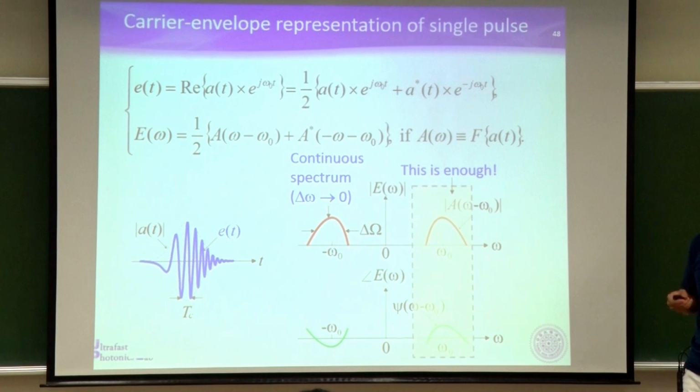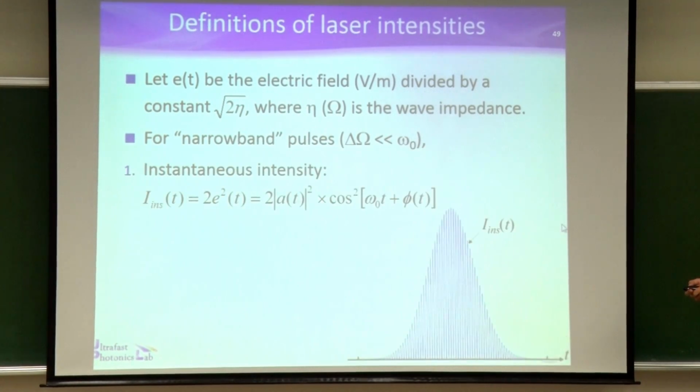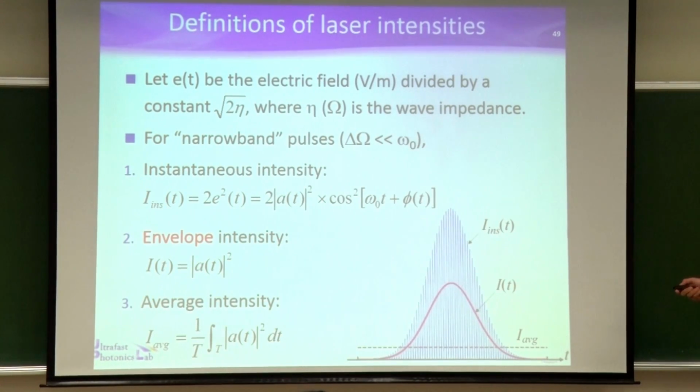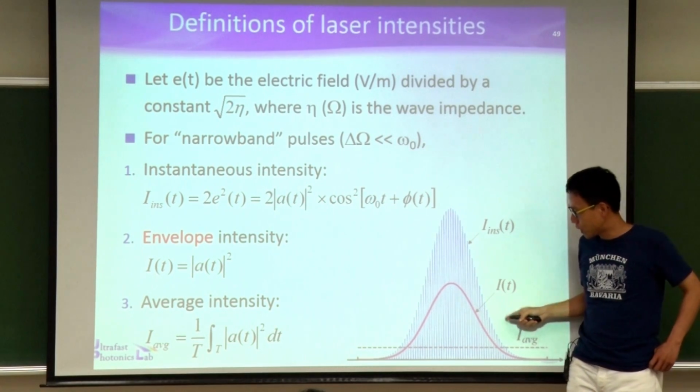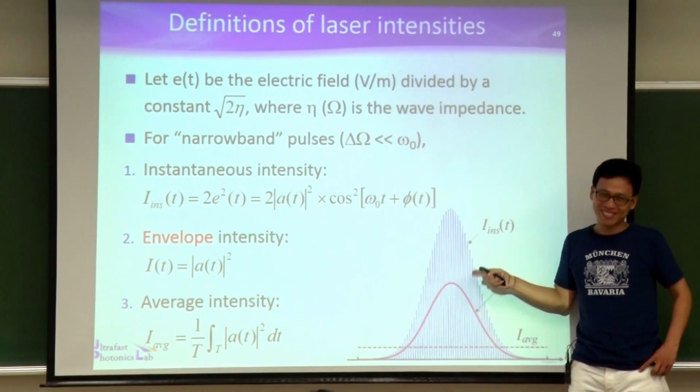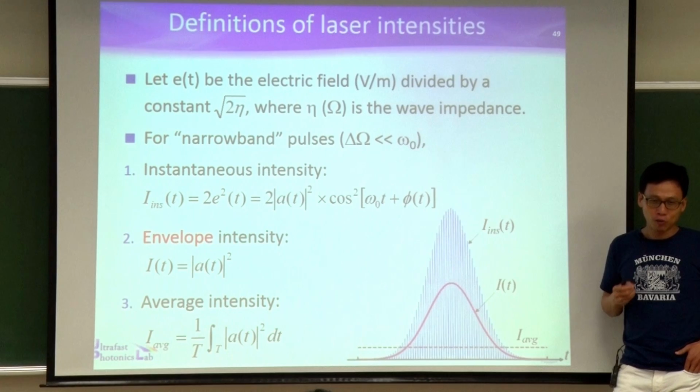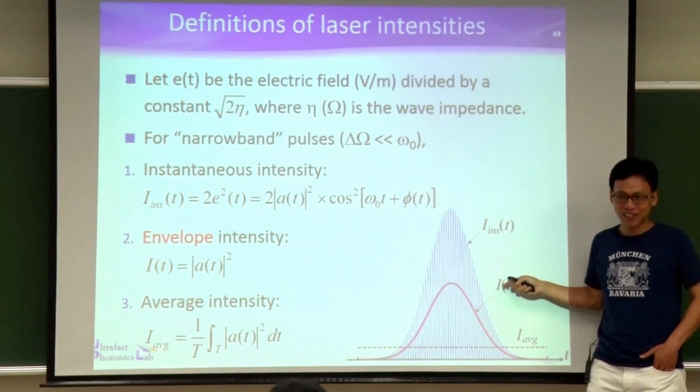Okay. And if you know them, then you can know the envelope intensity, the red curve here. Very few systems are fast enough to respond to the fringes. Of course, there are systems fast enough.